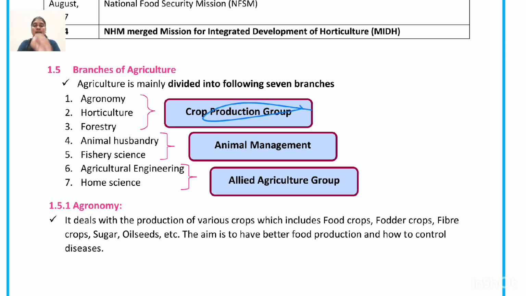You can see here that agronomy, horticulture, and forestry come under the crop production group. We are producing crops in each: in agronomy, field crops; in horticulture, horticultural crops; and in forestry, forest crops. That is why these three branches are classified as the crop production group.